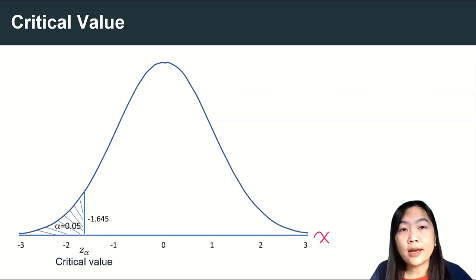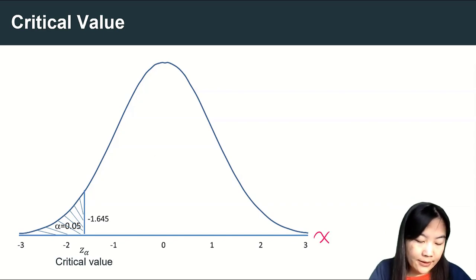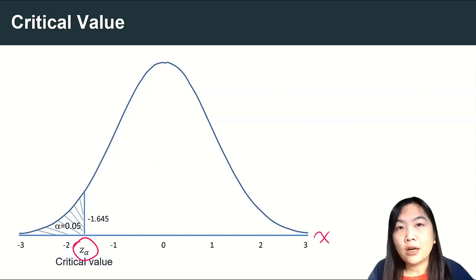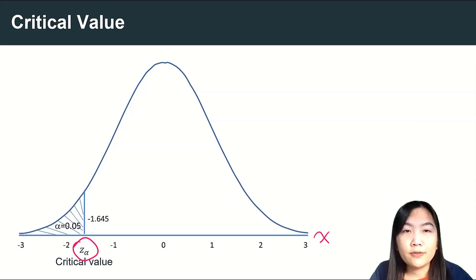And once you have decided your alpha value, then you can find the z alpha value. For different distributions, there could be different z alpha values associated, but in this course, we will only focus on normal distribution. So once you decide your alpha value, then your z alpha value is also decided.